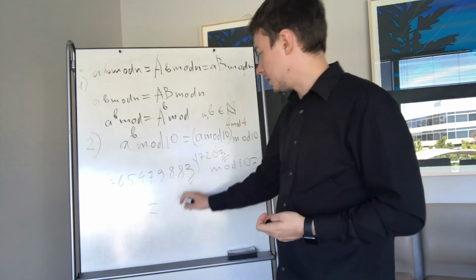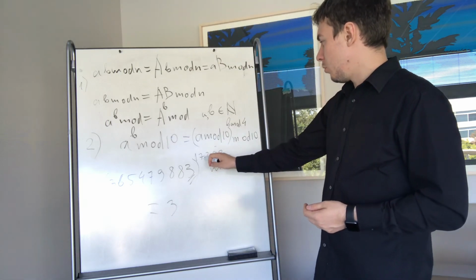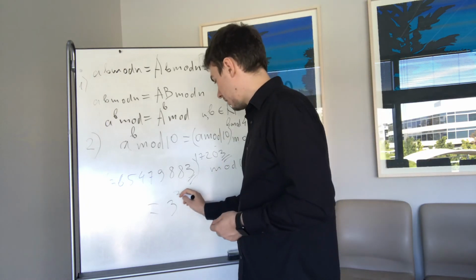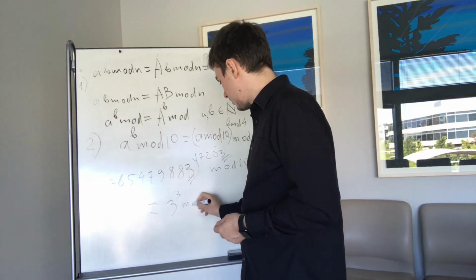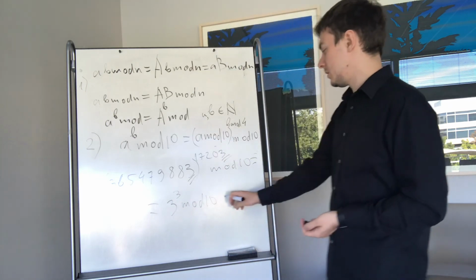We just take the last digit here, we take mod 4 of this number, and it is 3. 3 power 3 mod 10 is 7.